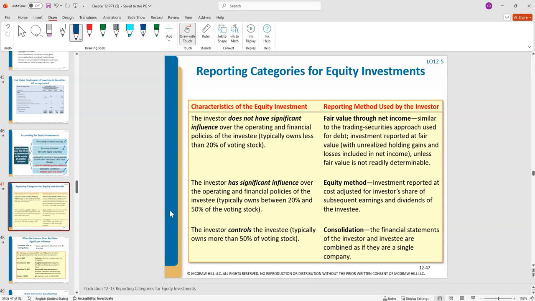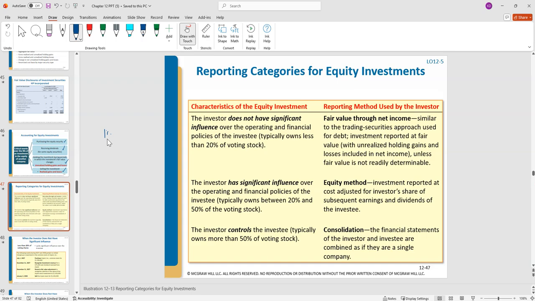When we talk about equity securities, it's not necessarily our intent that matters, right? It really comes down to what ability we have to influence the corporation that we invested in. Generally, if we don't have significant influence, let's just say I'm a 1% owner of Apple, I can't tell them what to do.